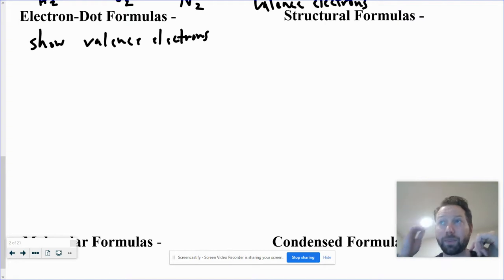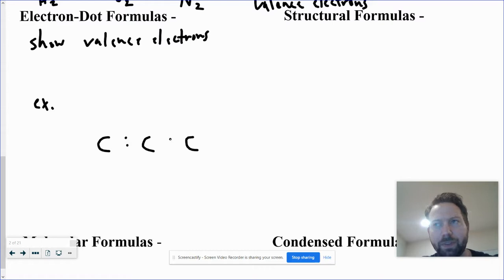An example of this is a particular compound called propane, where we show the electrons in the center, or the carbon chain or parent chain, as dots.